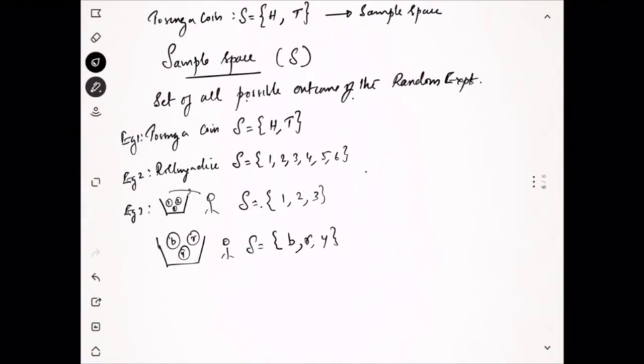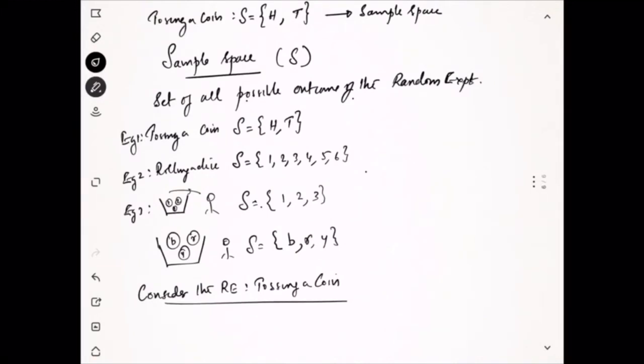Now in order to define the probability, we have a simple definition. Let us consider the random experiment which is tossing a coin.